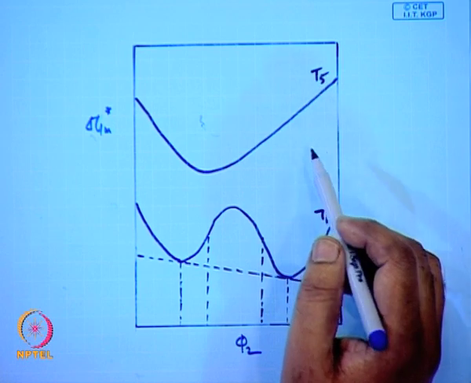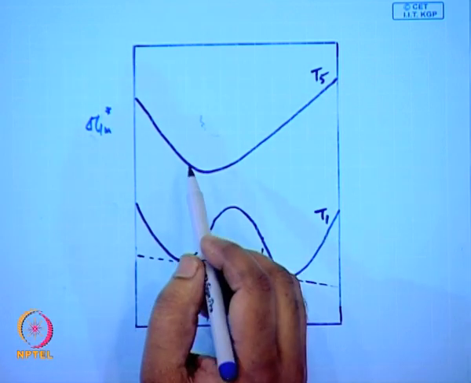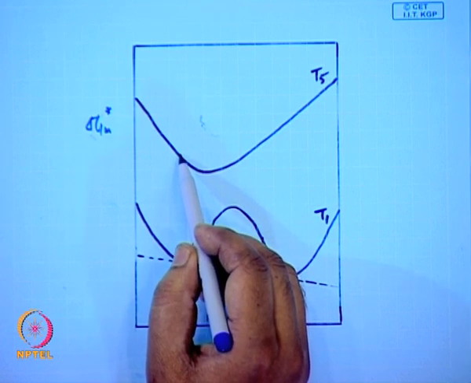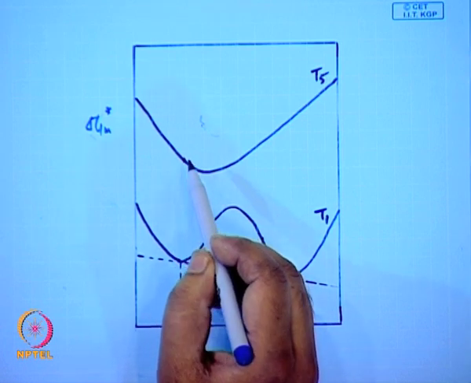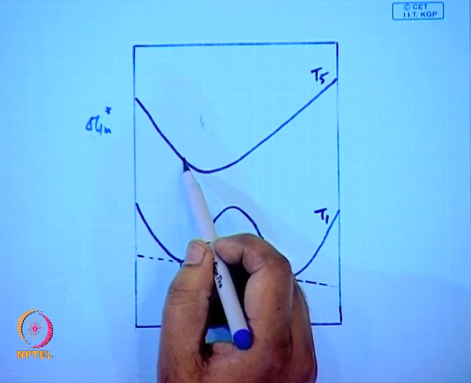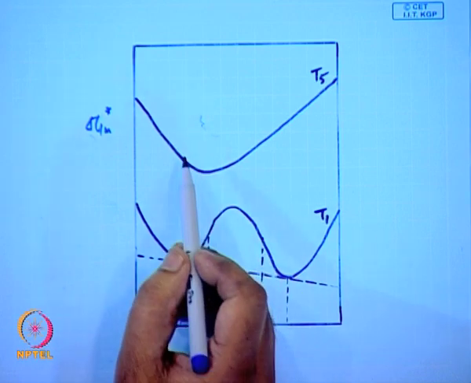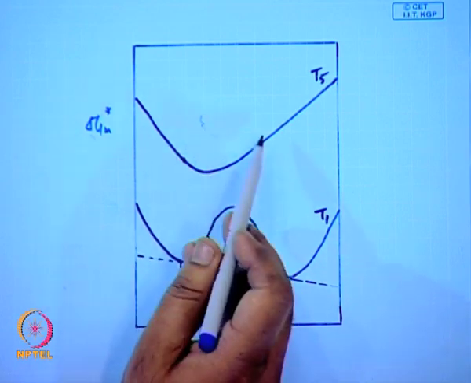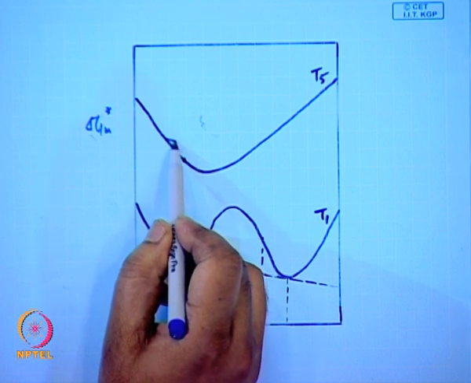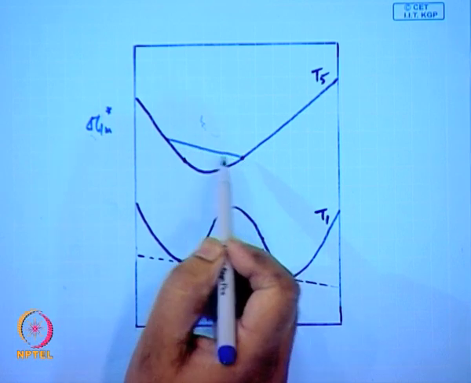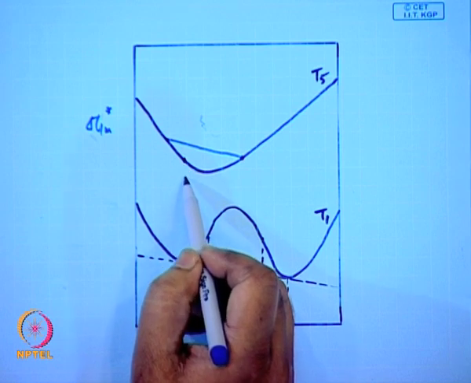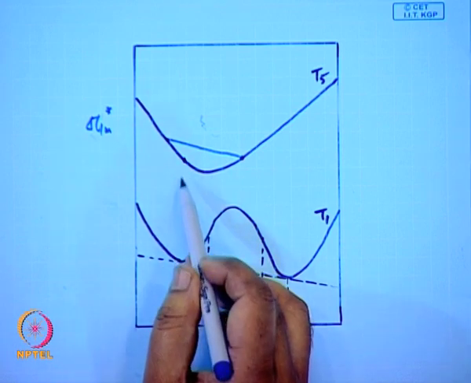Now, in this case, if you take any point, say I take this point. If this has to spontaneously phase separate into two other compositions, say this composition and this composition, so I consider a solution which corresponds to this particular phi 2.